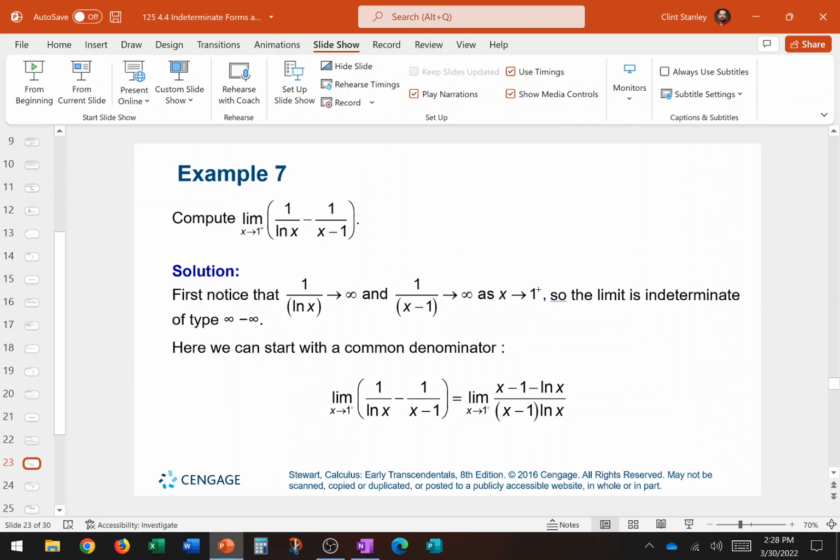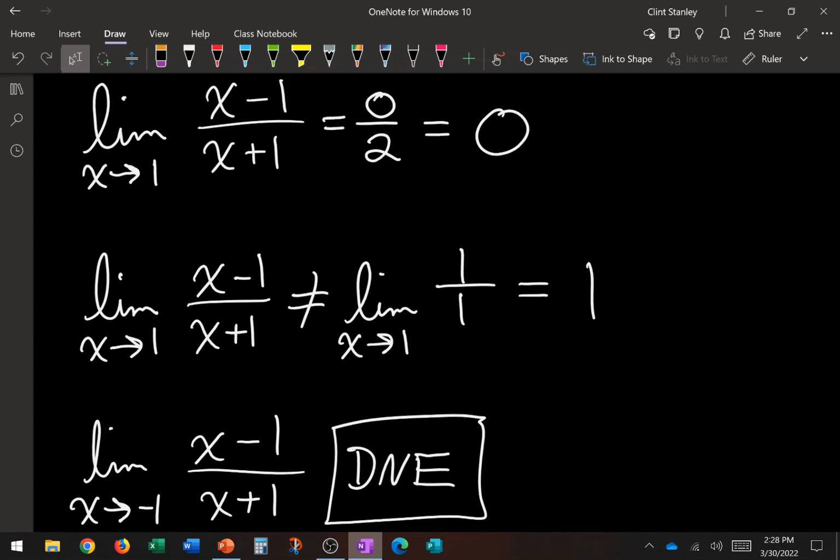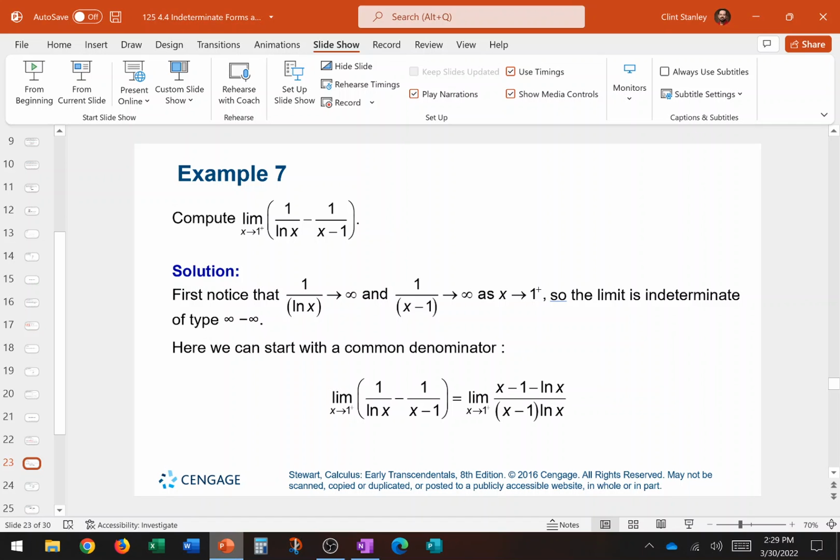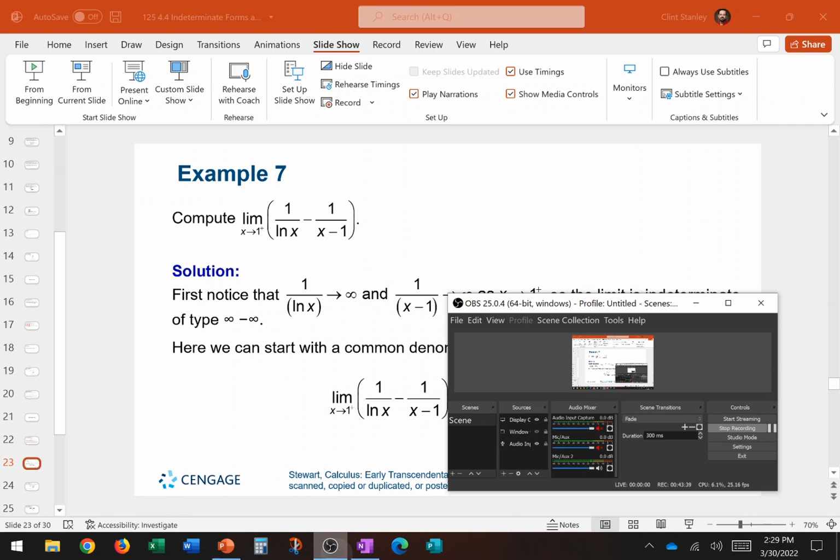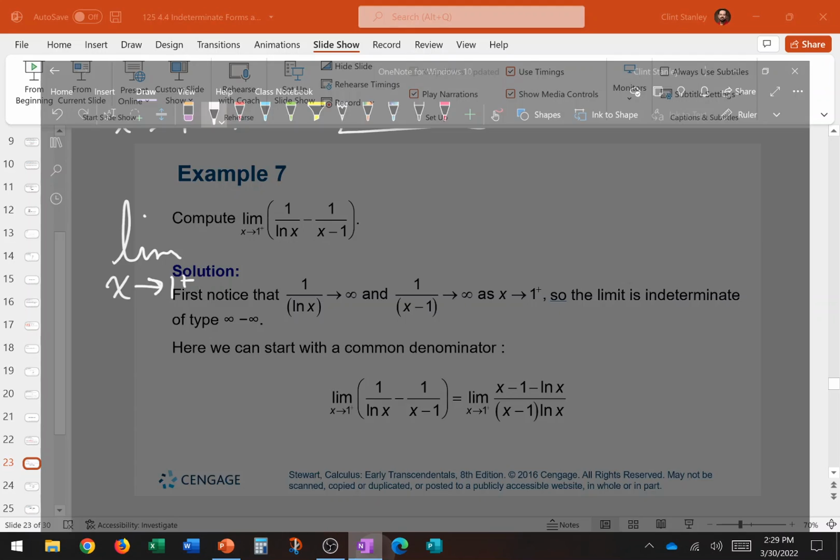The textbook walks through that one, but they just leave some algebra steps out that are not super clear, in my opinion. So what was it? 1/ln of x minus 1/(x minus 1).